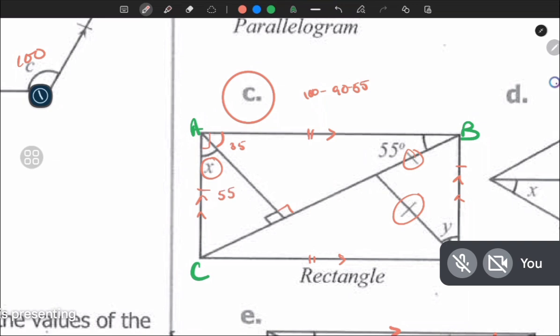Okay. Now look for y. You can do y the same way, but I want you to do something different using the fact that these two lines are equal, and this is equal to 90.